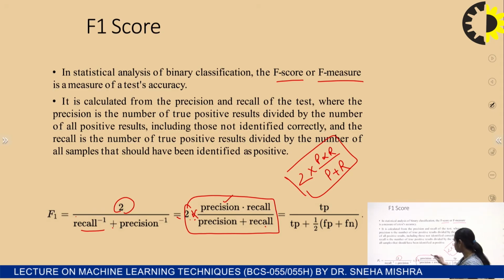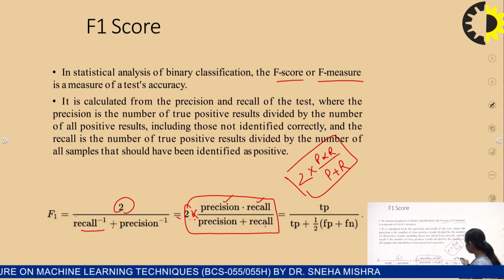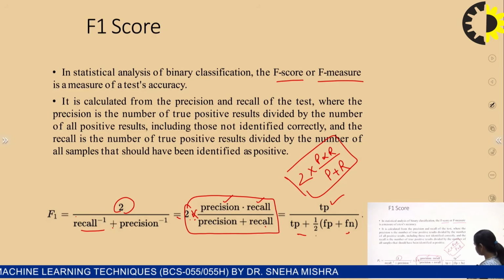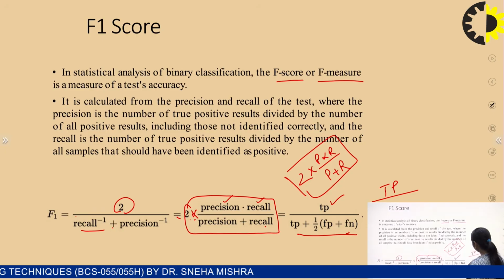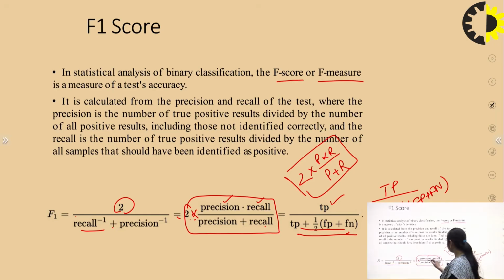If we have not calculated precision and recall, then we can go for true positive: the true positive value divided by true positive plus half of false positive plus false negative. That is how we can calculate it if precision and recall are not available. But that is not the question, because precision and recall are calculated from true positive, false negative and true negative values.